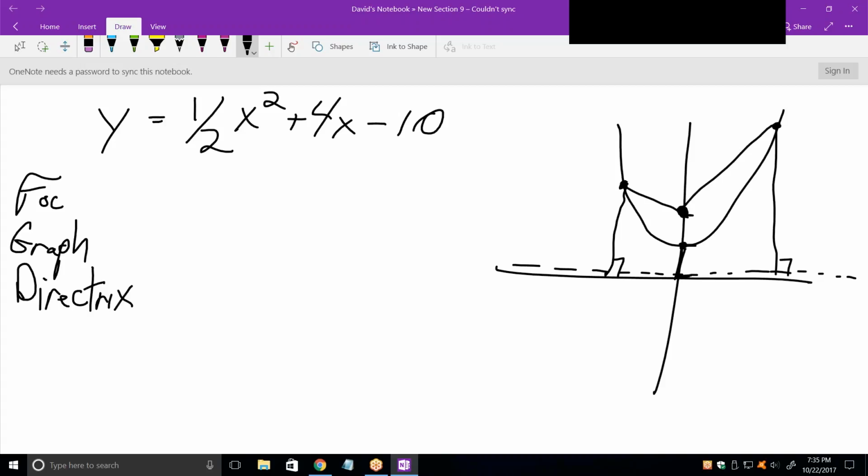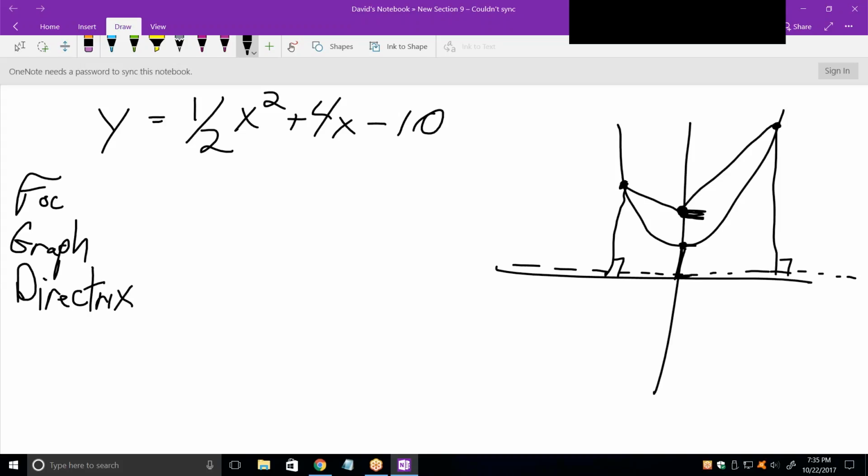So, first of all, that's the first difference about parabolas when you start learning about them as conic sections: they have this different definition. They're not just quadratics, they are a collection of all points that are equidistant from a focus and a directrix. So the question is how we find this.